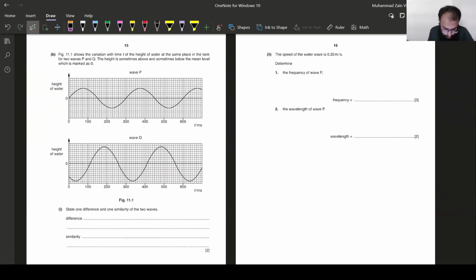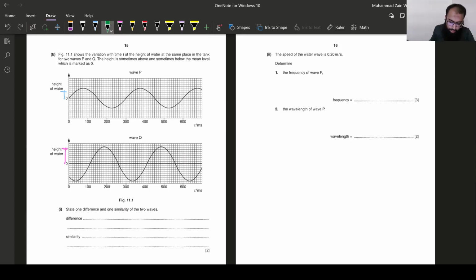One difference would be that both have different amplitudes. The difference in amplitude is that this has an amplitude of, let's say, this much, and the other has an amplitude which is quite greater than that.